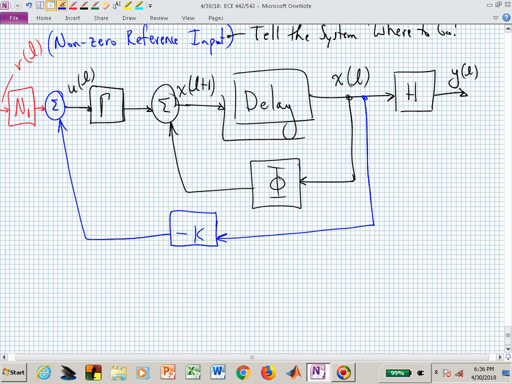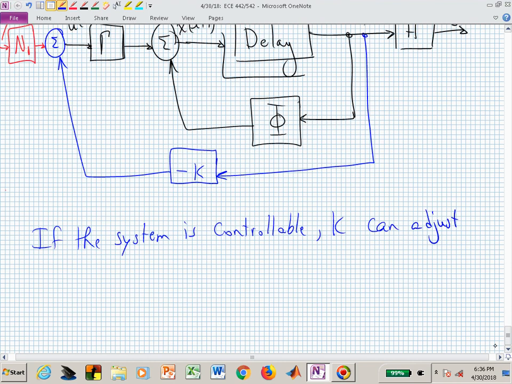So now, if the system is controllable, K can adjust the dynamics arbitrarily.